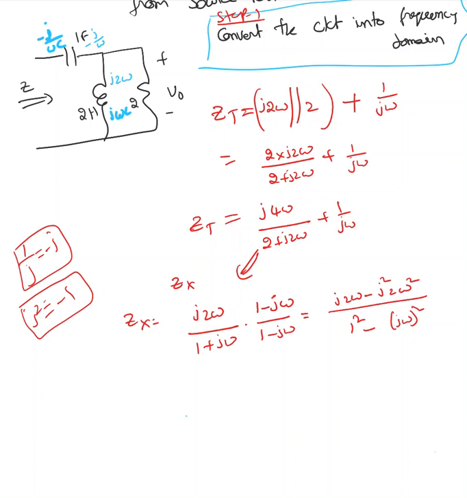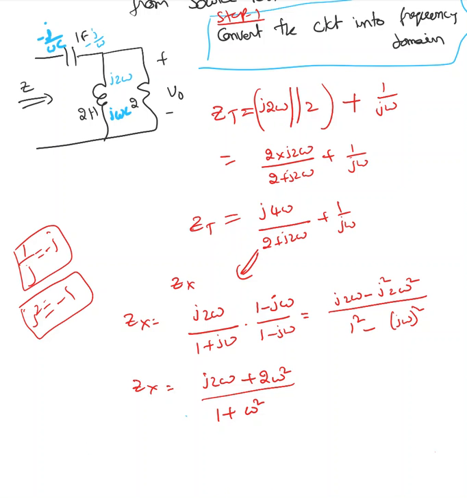I know that j square is nothing but -1, so Zx in this case is j2 omega plus 2 omega square, because j square is -1, negative times negative gives positive, divided by 1 plus omega square, since j square is -1, so that's the reason I have positive. So now I don't have any imaginary part in the denominator.